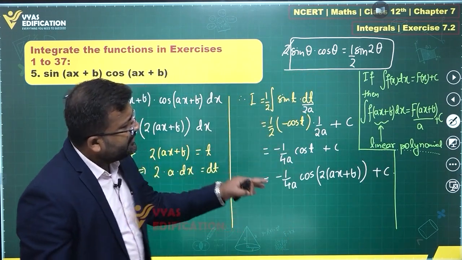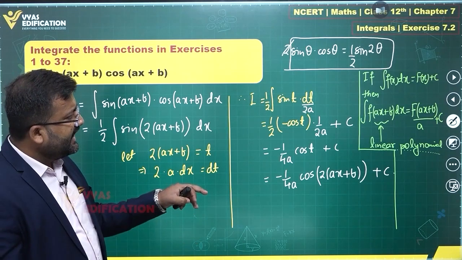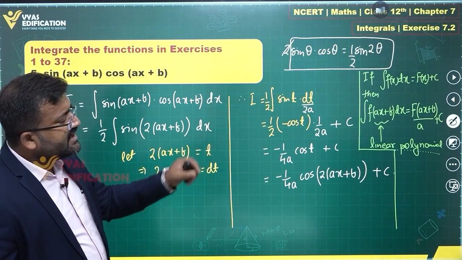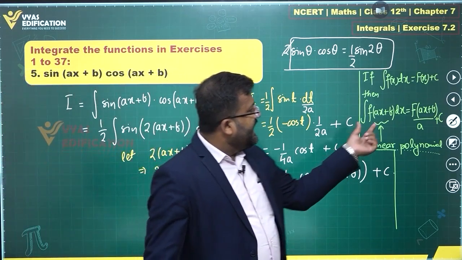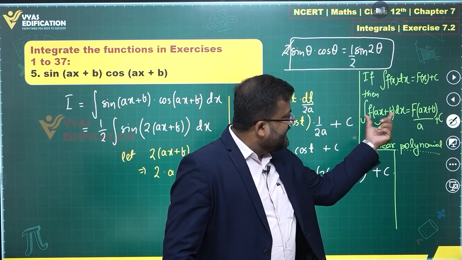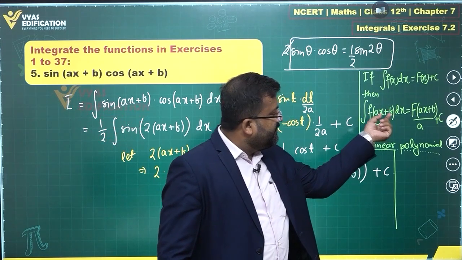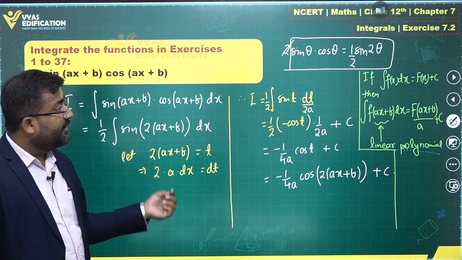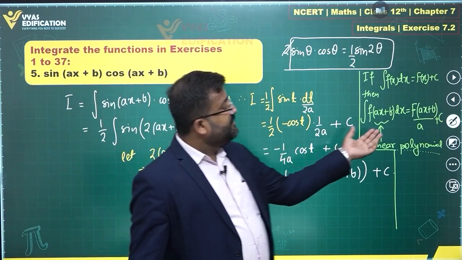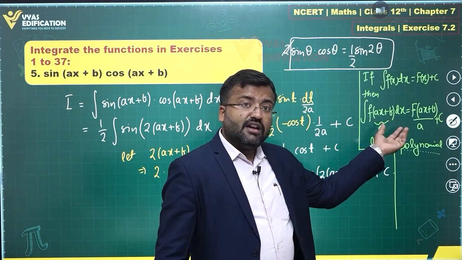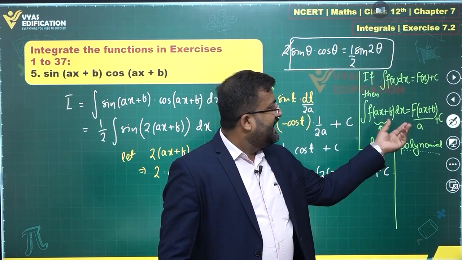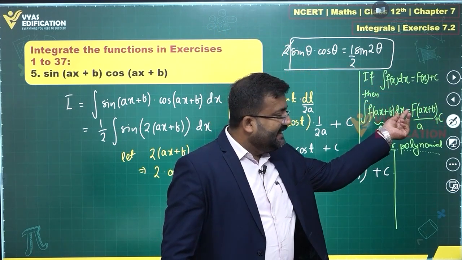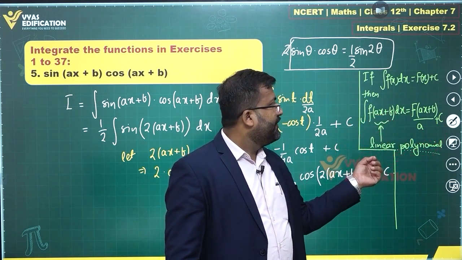And for deriving all of this, what have we done? You can simply use substitution, right? Ax plus b can be replaced by t, in a similar manner that we have done over here. If ax plus b is equal to t, then a times dx will be dt, and f of t dt upon a is what I'll get.